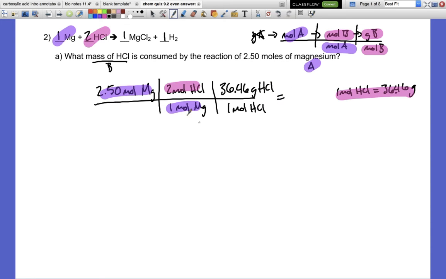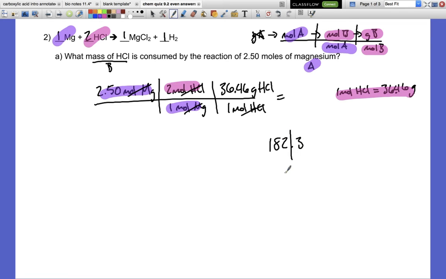And this should give me the answer I need. Moles canceled for magnesium, moles of hydrochloric acid canceled. Now I have grams of hydrochloric acid, so I just gotta multiply and get the answer. 2.5 times 2 is 5 times 36.46 is 182.3.